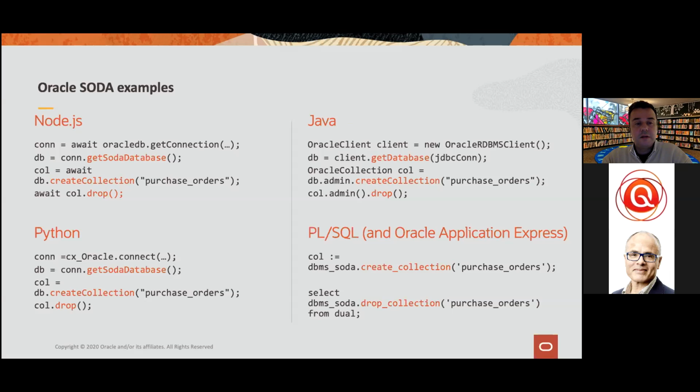You can use the get SODA database to create the connection, and then just use the API call, the create collection function, to create a collection. So basically this code connects to the database, creates a collection, and then it drops the collection. It's very easy from any kind of programming language.